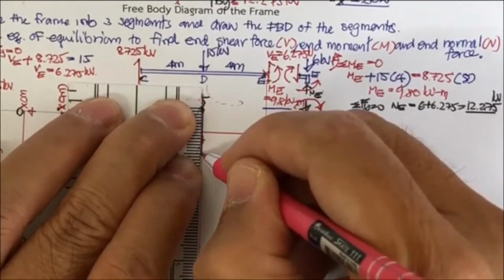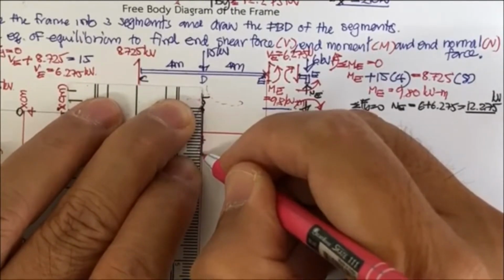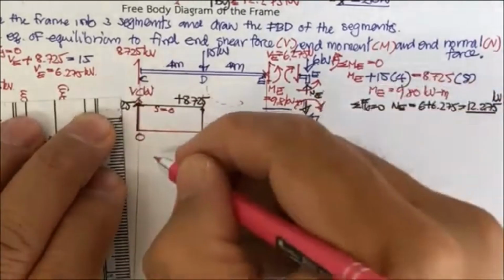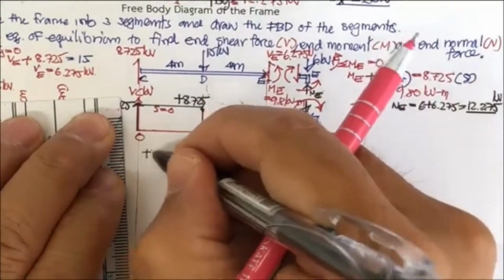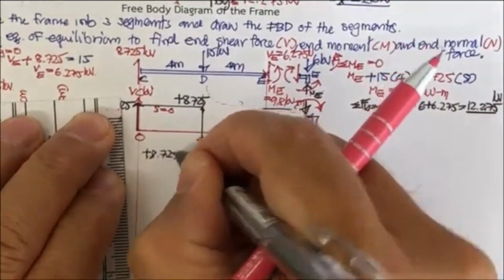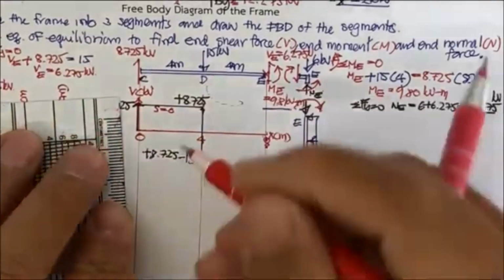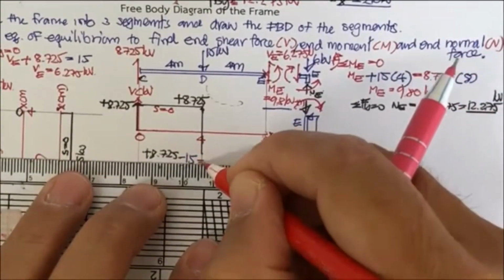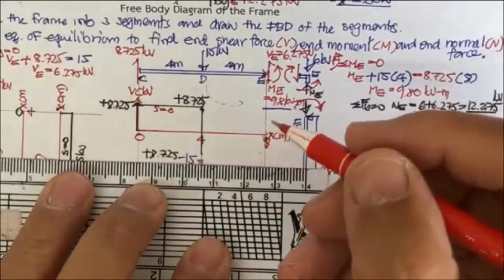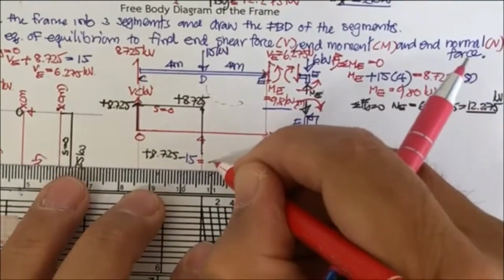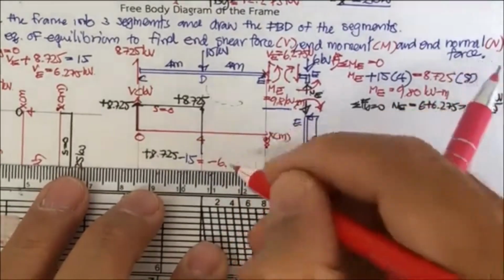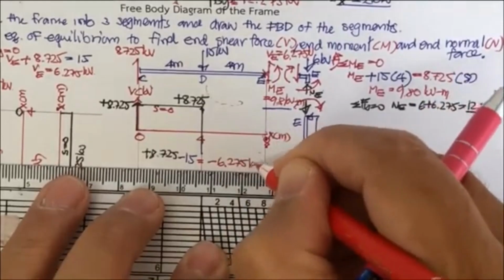Because of our scale, 1 millimeter for 1 kilonewton. So this one is going to be plus 8.725 and then minus 15. You will get the shear force of minus 6.275 kilonewton.